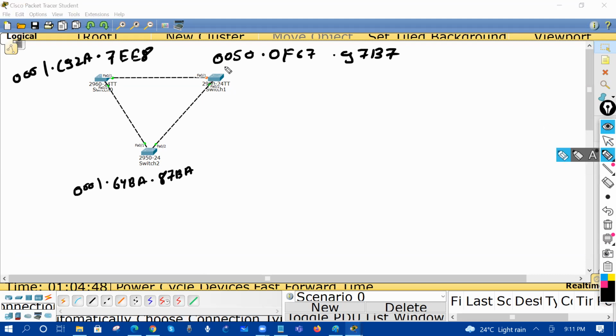The first is bigger than this one, so we have to skip this one. Then this is the same, C9, C64. C is bigger than 6. A is 10, B is 11, C is 12. 6 is smaller, so this one will become the root bridge.